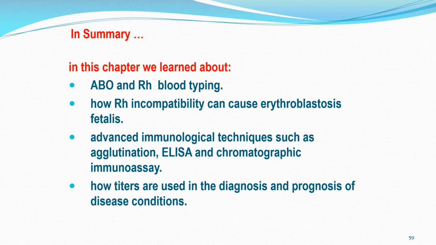We talked about titers and how they're used in the diagnosis and prognosis of things like if you need a booster shot because your immunity has weakened from when you got your immunizations when you were a child, to tracking the sensitivity in mothers to try to change directions or make adjustments to treatment to try to protect that Rh positive baby.